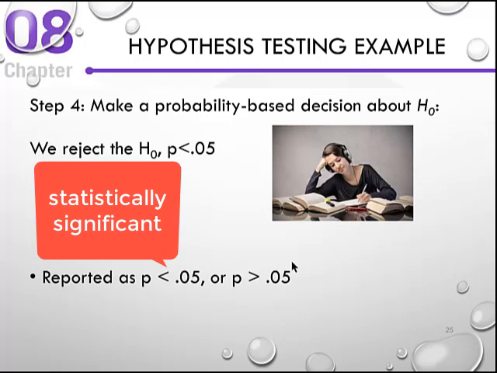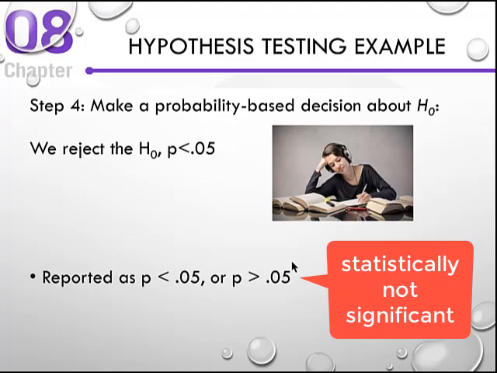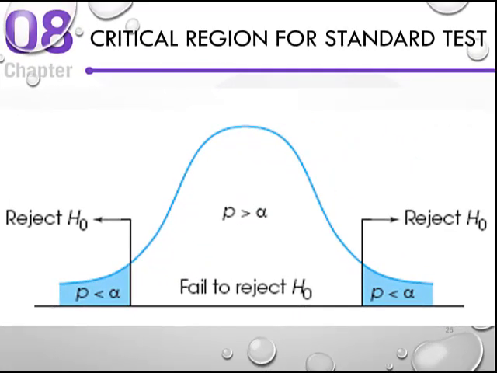Statistically significant versus statistically not significant. And here you can see a visual of this. If the probability is larger than alpha, we fail to reject the null hypothesis, and if we find our probability to be smaller than alpha, then we reject the null hypothesis.